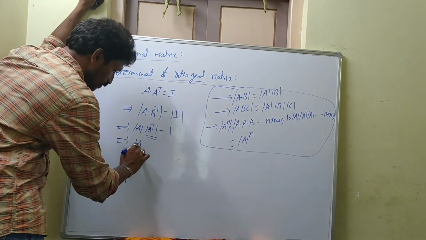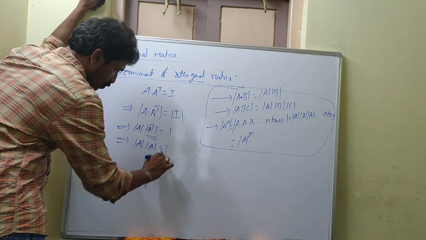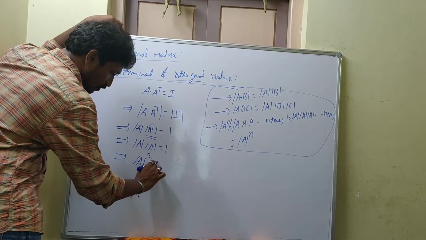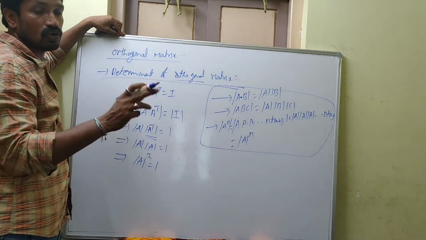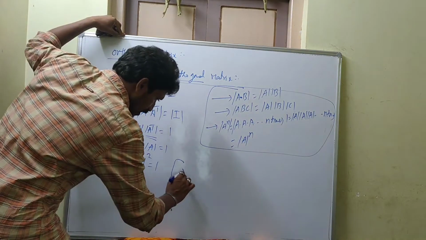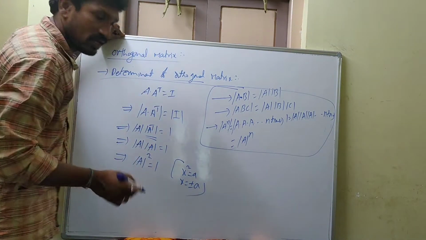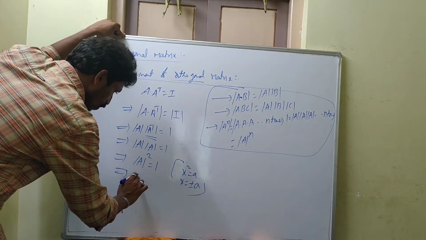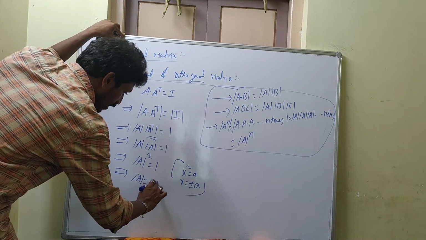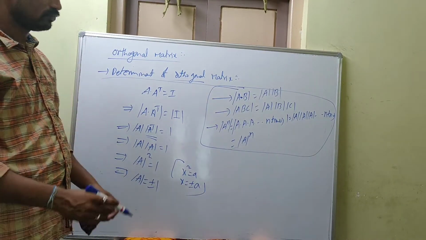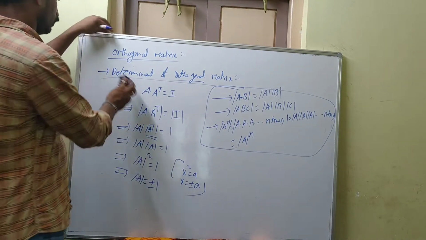So det A into det A is equal to 1. So det A into det A, you can write det A square. Det A square is equal to 1. If x square is equal to A, then x is equal to plus or minus root A. You know very well. Similarly, if det A square is equal to 1, then det A is equal to how much? Plus or minus 1. So this is one of the important properties. Okay. Next one.